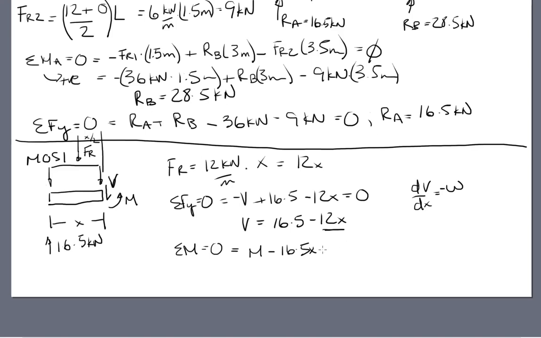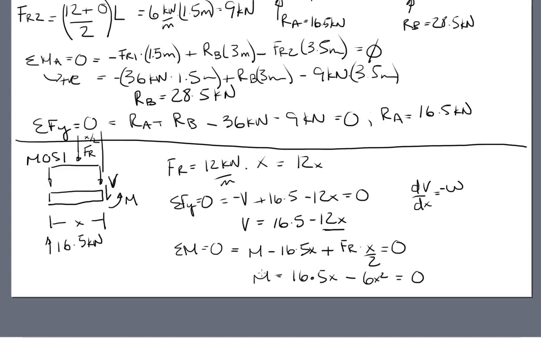And then we've got plus FR times x over 2. And this all equals 0. So M is equal to 16.5x minus 12x times x over 2, so it's negative 6x squared.